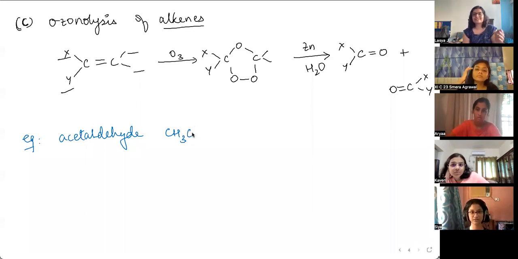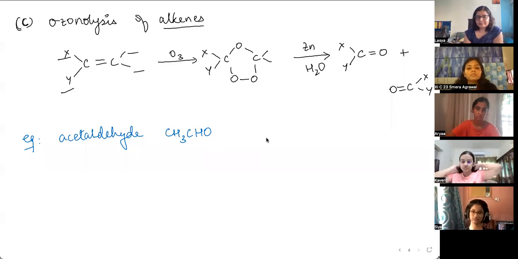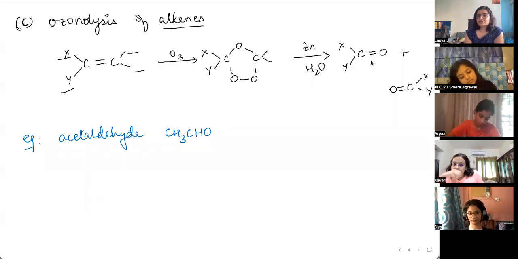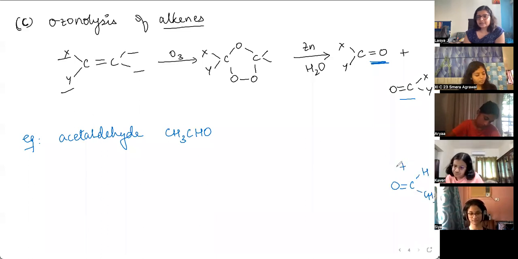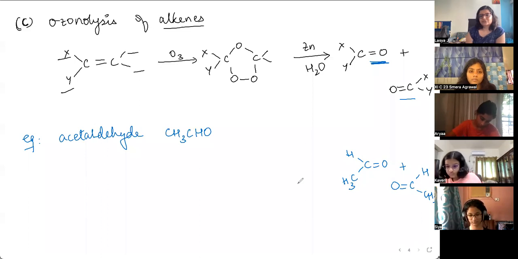We want CH3CHO, only acetaldehyde, so both the aldehyde or ketone molecules produced should be the same. So we want C double bond O H CH3 and the same thing again, C double bond O H CH3. In place of the double bond O, both carbon atoms are connected to each other. So this is what I need to start off with.